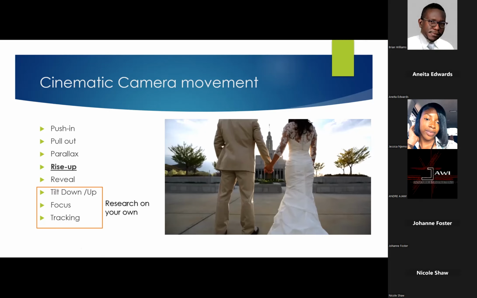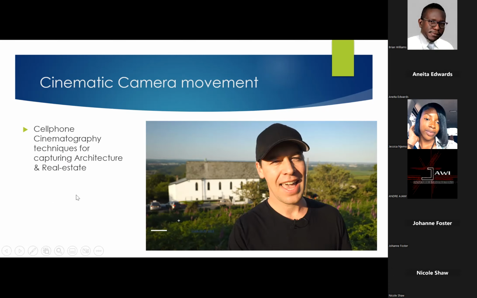But a reveal can be anything. You could be revealing something by doing a parallax. You could be pulling out of a view to reveal something, or you could be pushing into a view to reveal something, right? So when you really check it out, you can combine any multiple cinematic camera movements together, right? And we're going to take a look at that now.